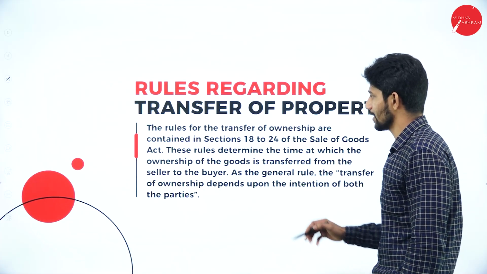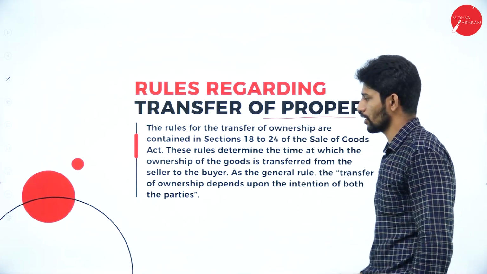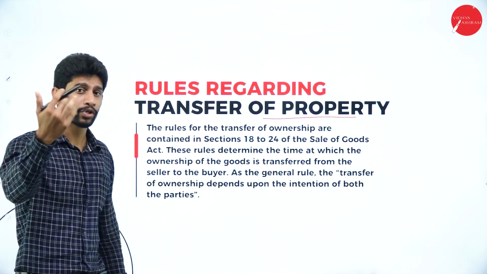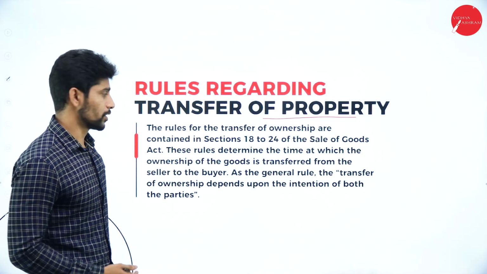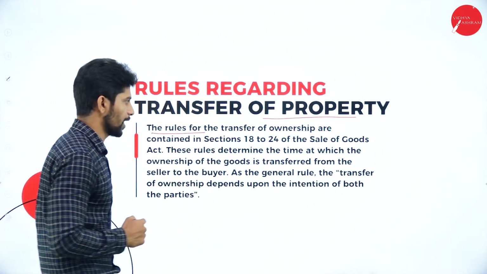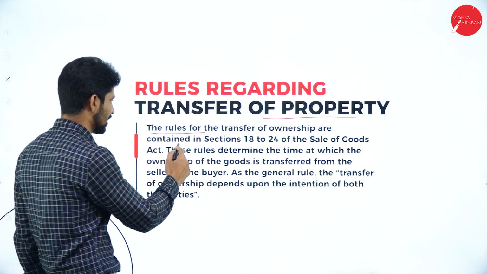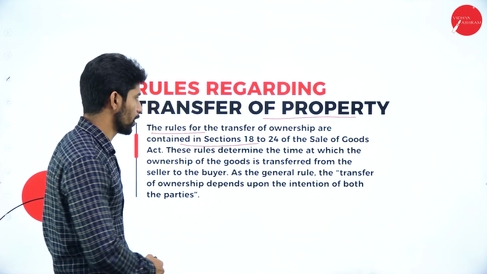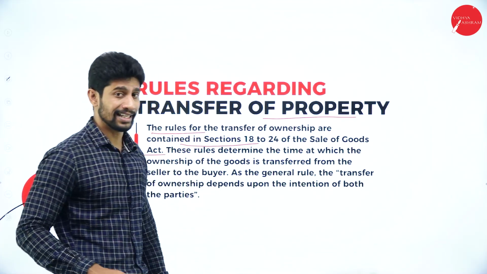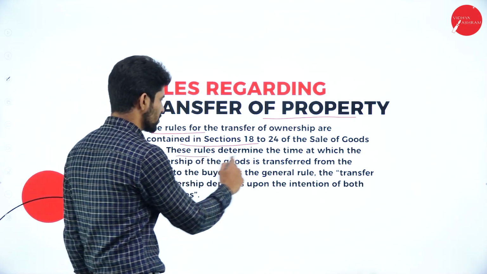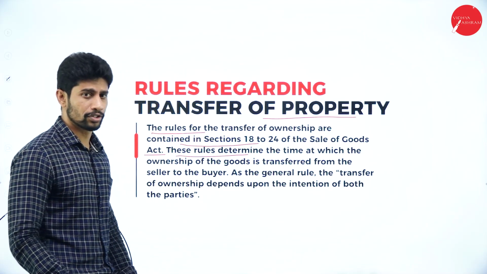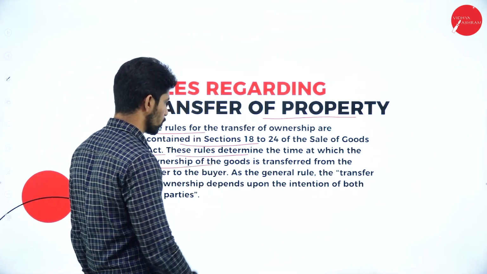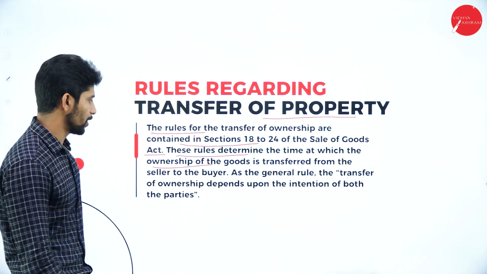Rules regarding transfer of property. What rules are we supposed to follow at the time of transferring the property or goods from one person to another? The rules for the transfer of ownership are contained in sections 18 to 24 of the Sale of Goods Act 1930. These rules determine the time at which the ownership of the goods is transferred from the seller to the buyer.